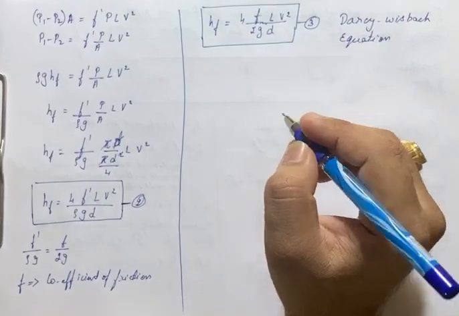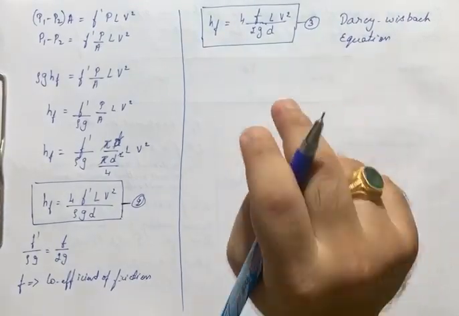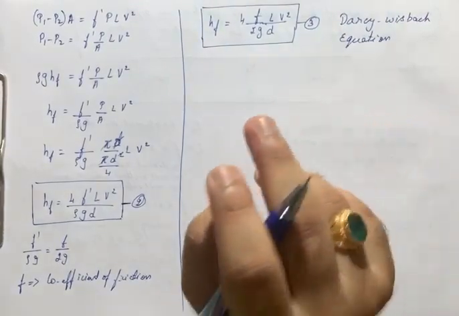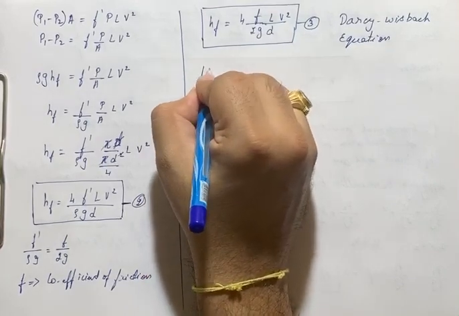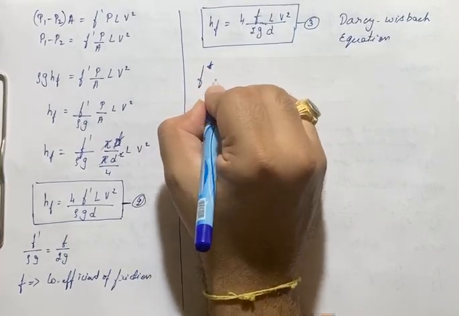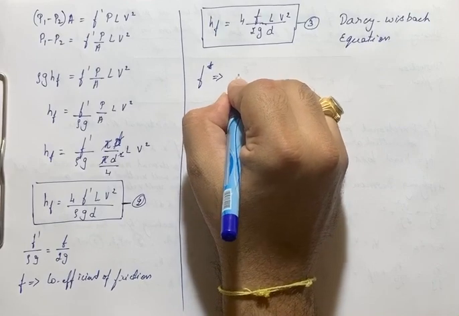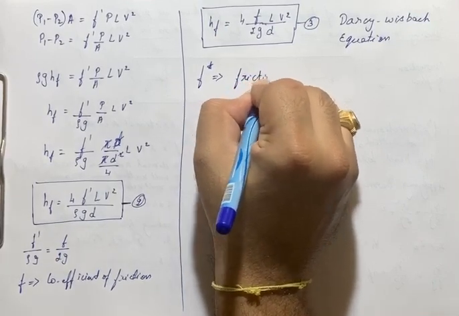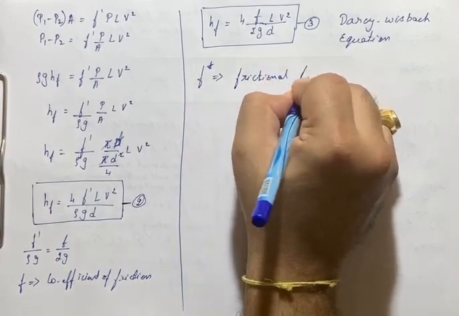Sometimes what happens, they will not give the coefficient of friction. Instead of the coefficient of friction, they will suggest the frictional factor, that is F star. F star is known as the frictional factor.